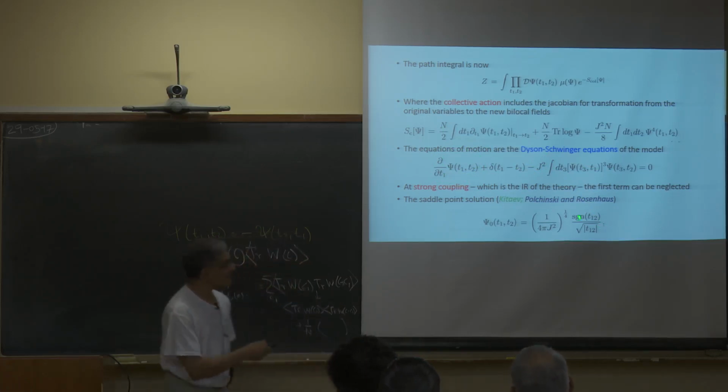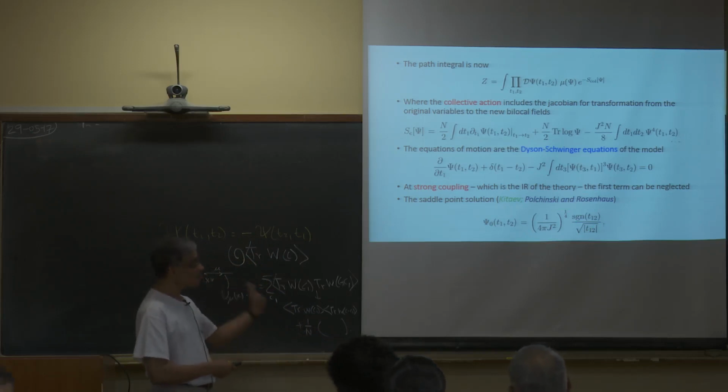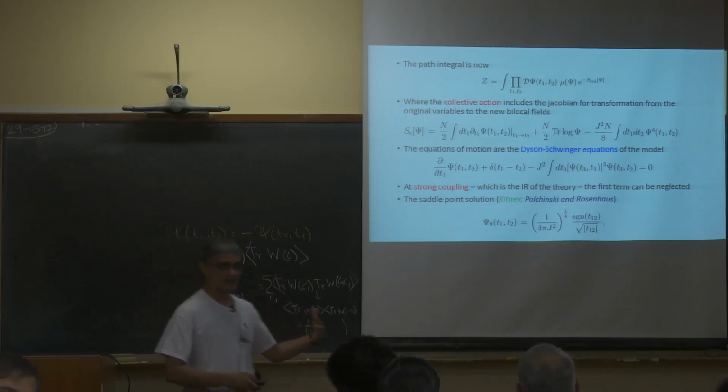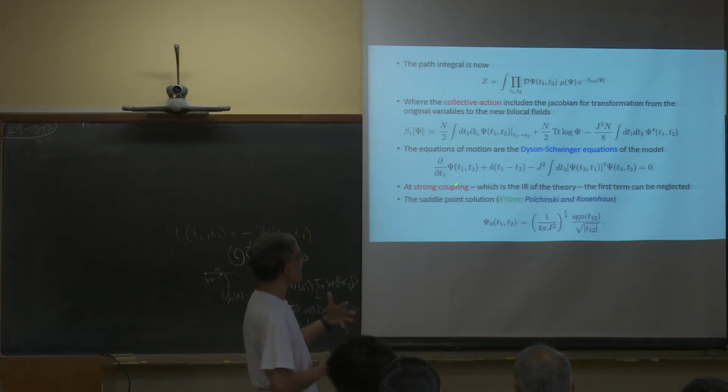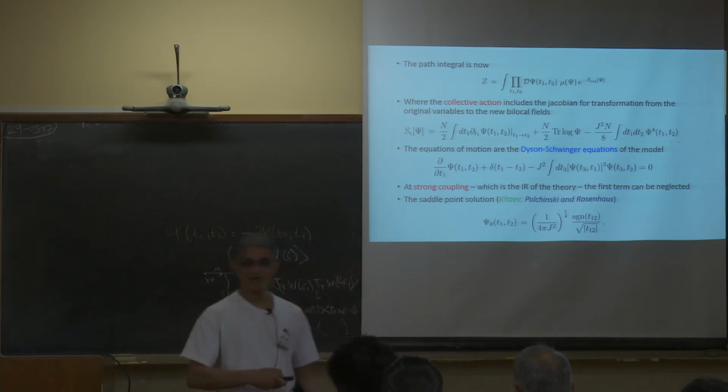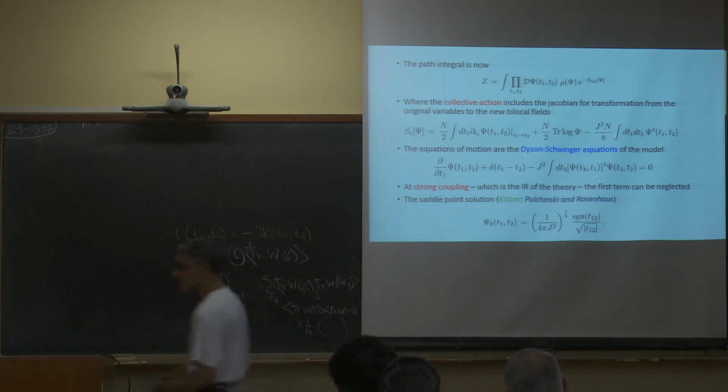Okay? And this is the solution, and this tells you that in the UV, like in the free theory, this object psi was dimensionless because chi was dimensionless, but in the IR it has acquired a non-trivial anomalous dimension, as is clear from here. Okay. So, that is the picture.